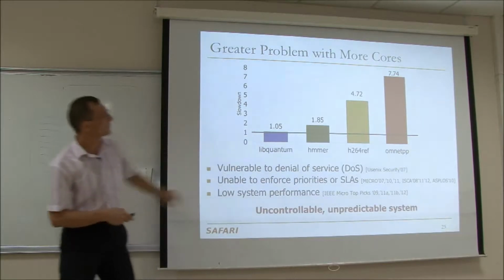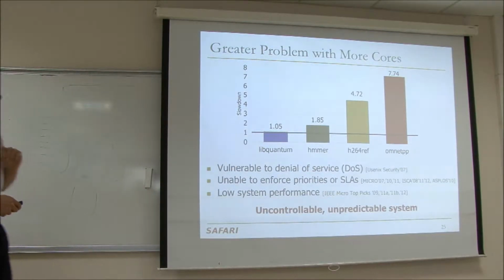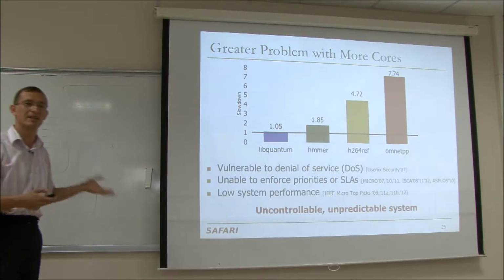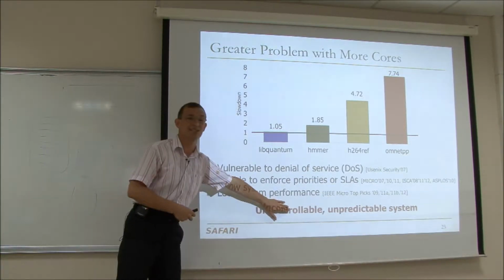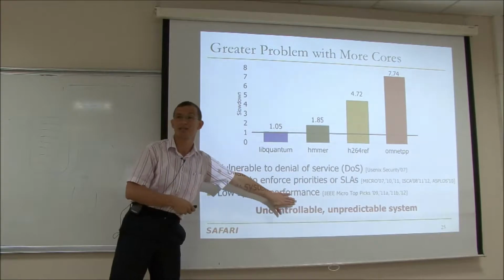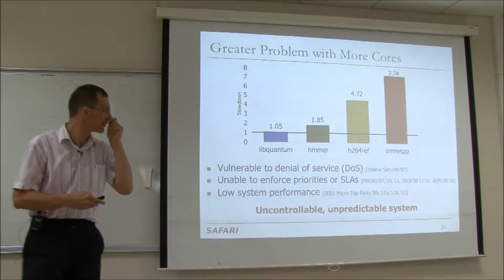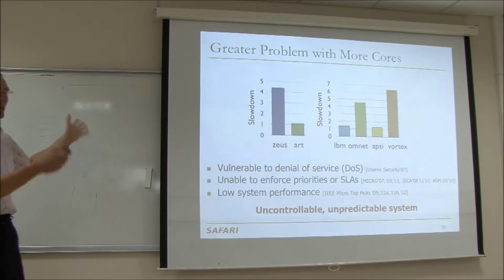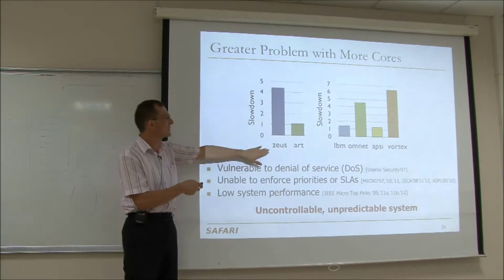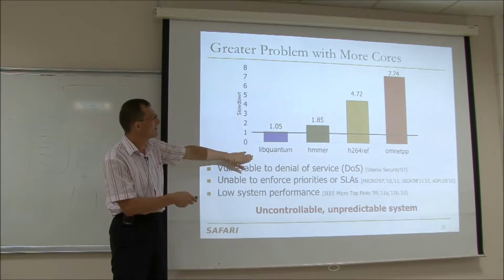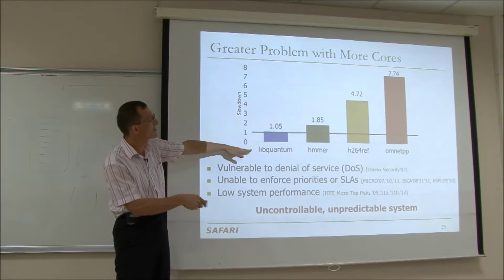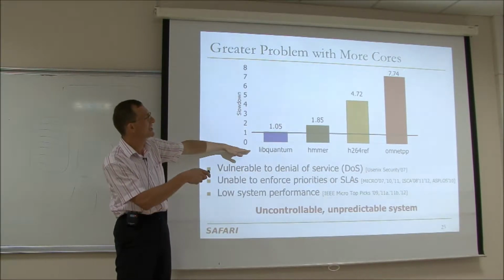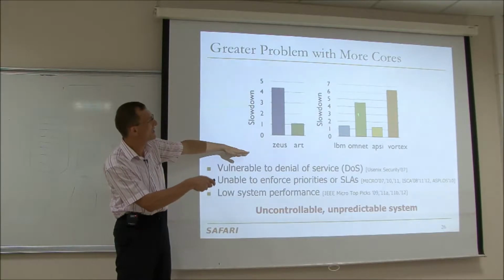So basically, what we have with unfair sharing of the memory system is an uncontrollable, unpredictable system. We cannot control it, and we cannot predict what kind of performance we would get out of it. And that's not desirable. And this actually happens with many different workloads. These are just examples. In some mix of applications, one application may get 8x slowdown. In another mix, it may get 4x slowdown.